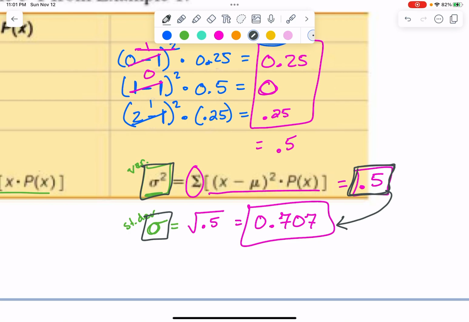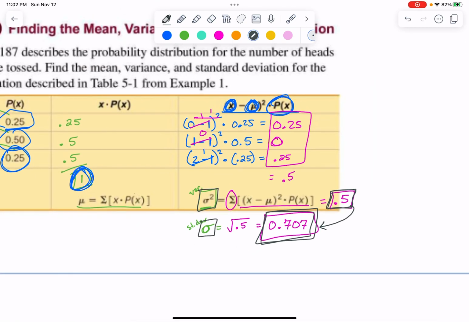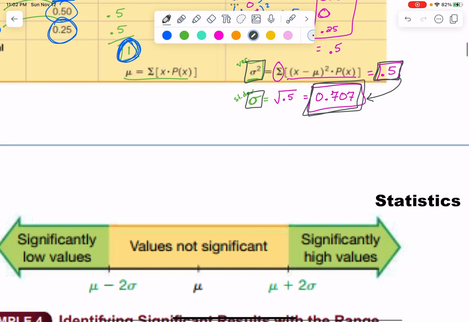When you take the square root of a decimal or a fraction like 1/2 or 1/3 or 3/4, you actually end up with a larger number. Okay, that's only for numbers greater than 0 and less than 1. Taking the square root will end up with a larger number for standard deviation. Normally it's not the case. You take the square root, you end up with a smaller number. But for this chance we do. Okay, so my standard deviation was 0.707.